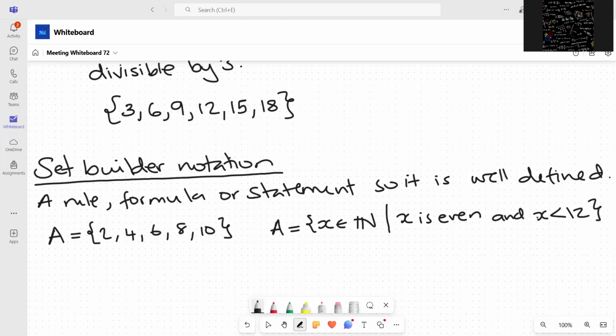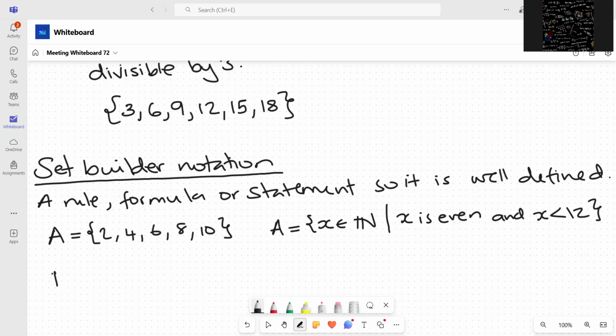It may not necessarily be the only way, because with set builder, we're writing a statement. Okay, and with a statement, there are different ways of saying things, as long as your statement accurately defines what we have here, and there's no room for any other element to be in the set based on your statement. So you might state it differently, but at the end, we should come up with the same roster, basically.